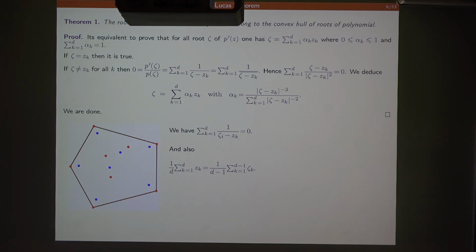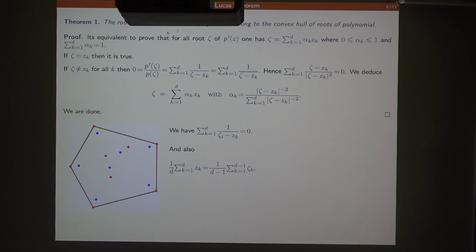And here I give a constructive proof. Okay, the goal is to prove each root of the derivative is a convex combination of the roots of the polynomial.